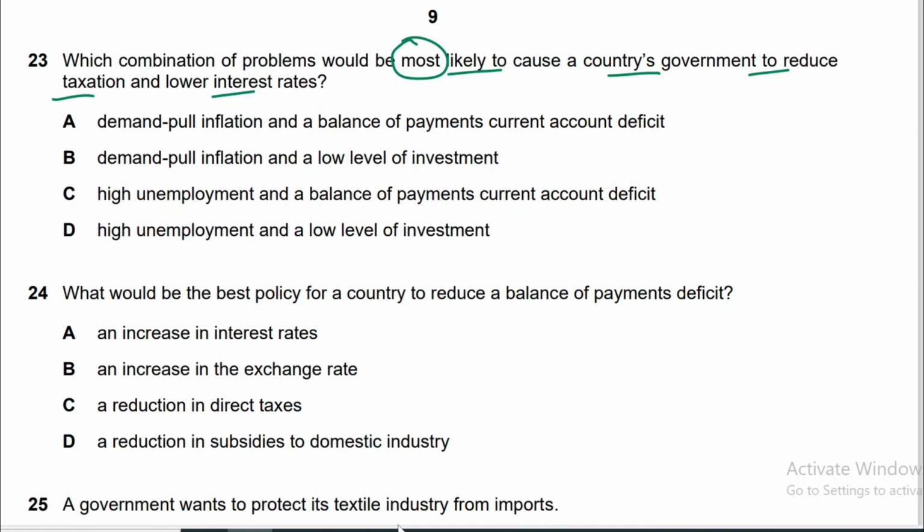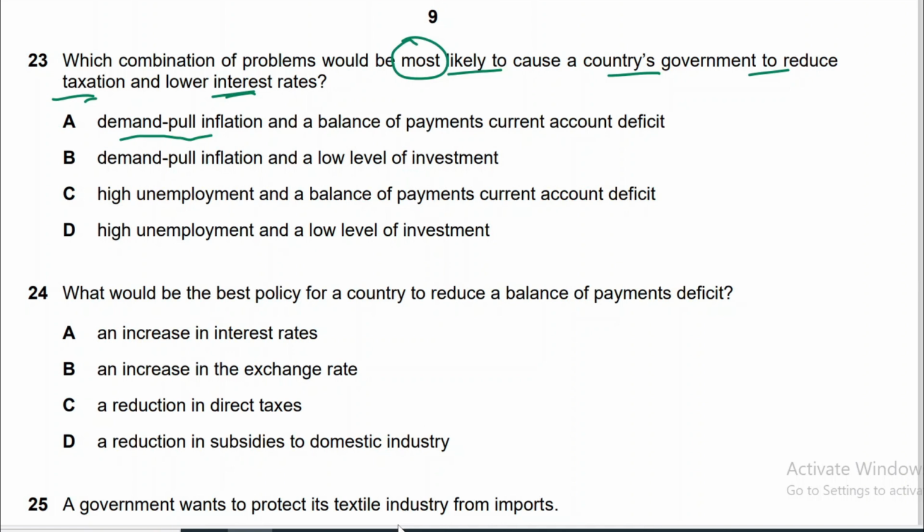If there is demand pull inflation, then government should not decrease taxation and should not lower the rate of interest, because if it does, then these two factors will further increase aggregate demand, and that will increase demand pull inflation.